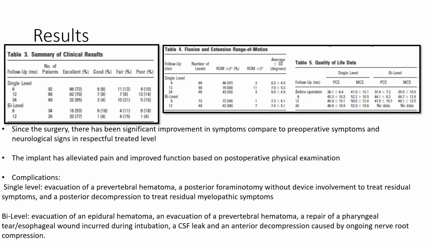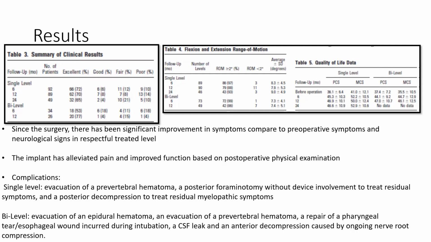I think there are a couple of things to just highlight. Obviously in their results, they looked at 103 patients total in the single level and 43 in the bi-level, and they're looking at the outcomes in these groups, but not necessarily comparing them to a control.